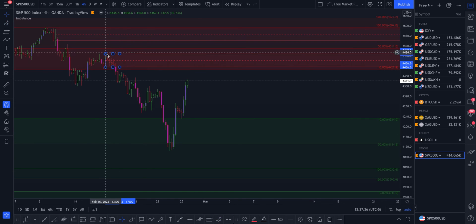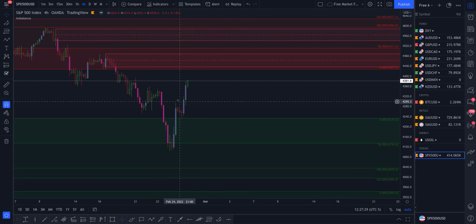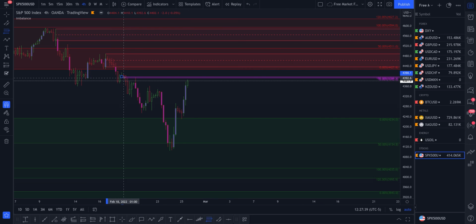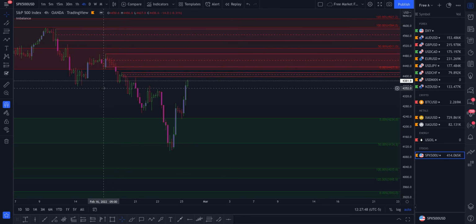Price left it and has not come back to it yet. This is unmitigated as well. If I select the right tool, it's unmitigated doji. Okay, but I'm probably thinking this area right here.